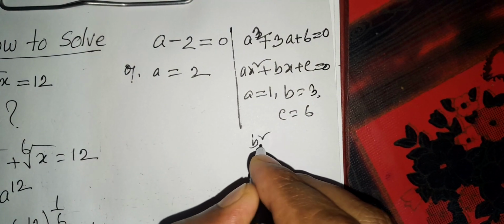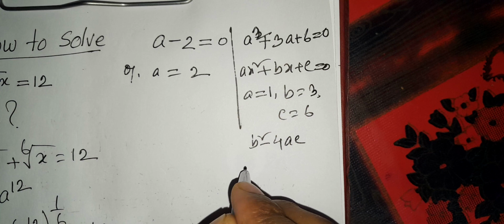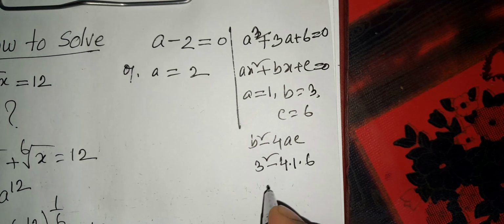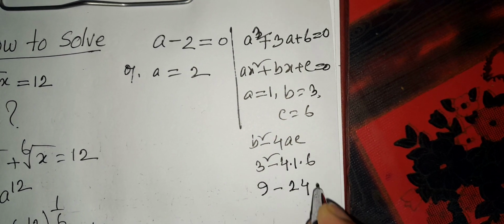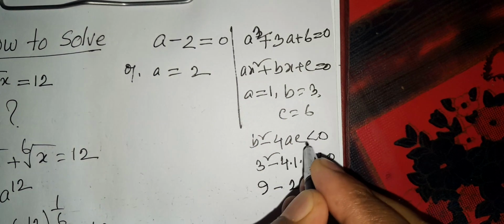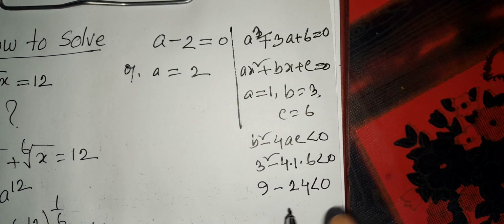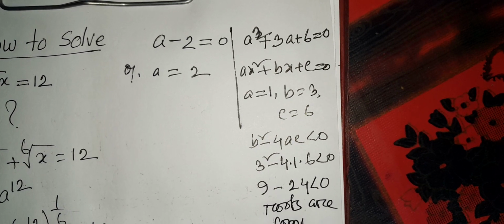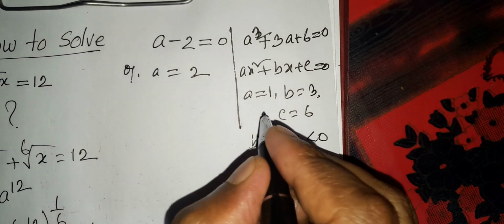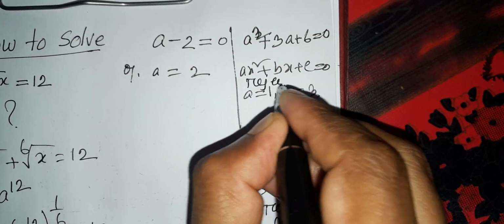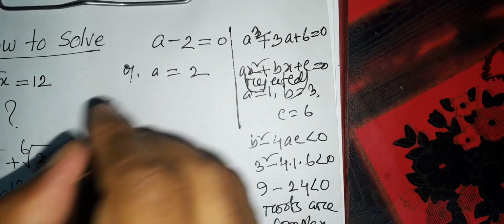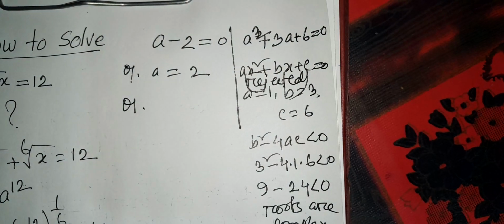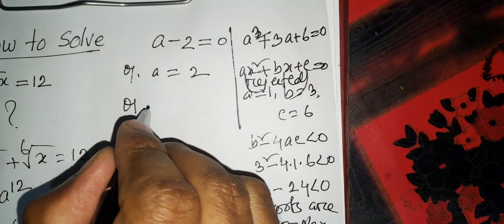So b square minus 4ac is equal to 3 square minus 4 into 1 into 6, which is 9 minus 24, less than 0. So the roots are complex or imaginary. It is rejected.